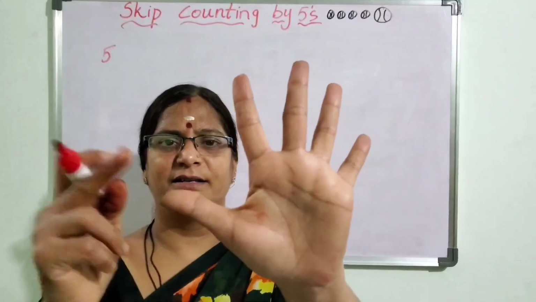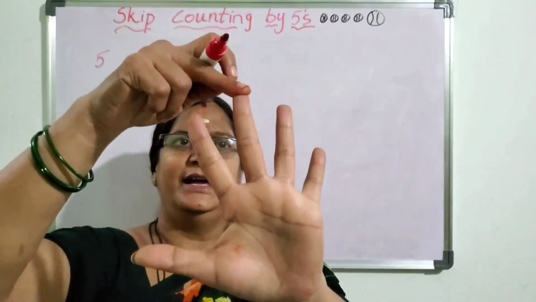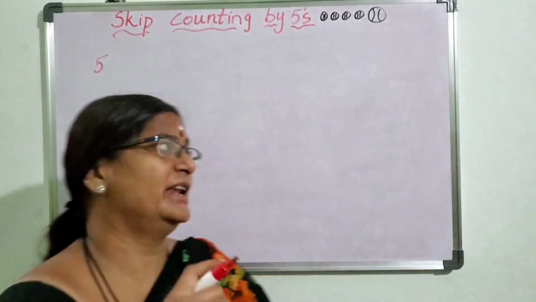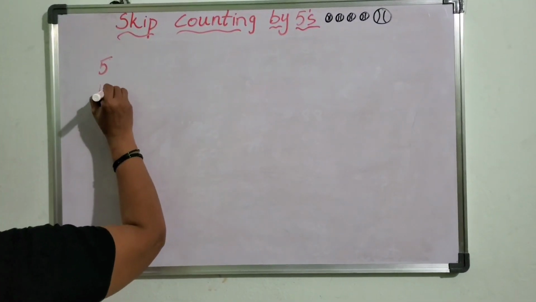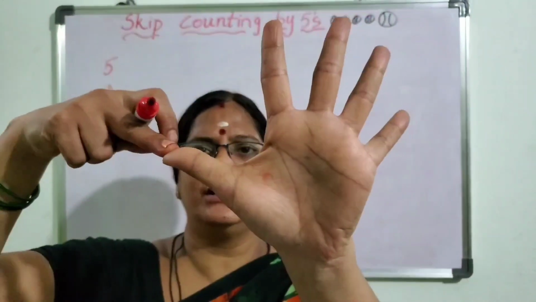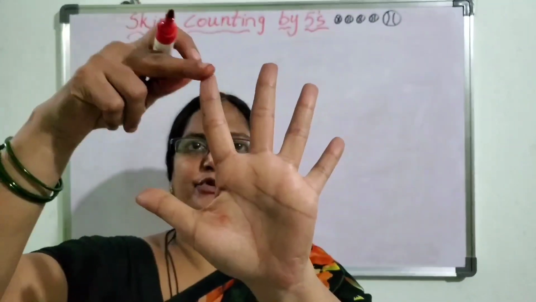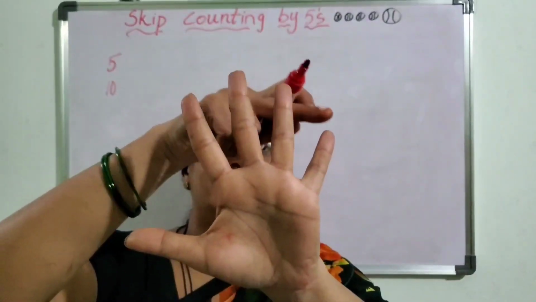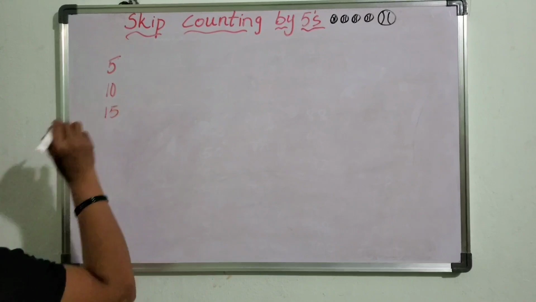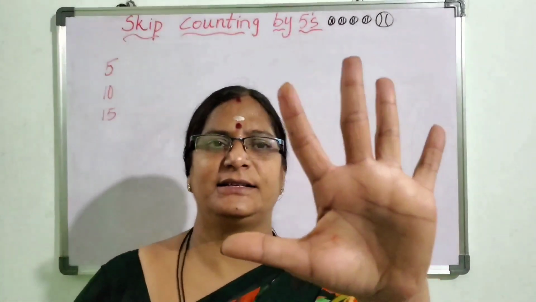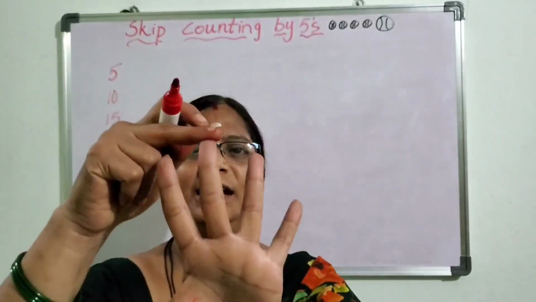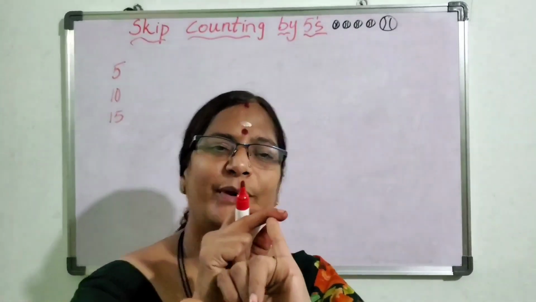Again come back. 6, 7, 8, 9, 10. So which number came again? 10. 10 finished. Again come back to the thumb finger. 11, 12, 13, 14 and 15. Write 15. Next, again come back. 16, 17, 18, 19, 20.